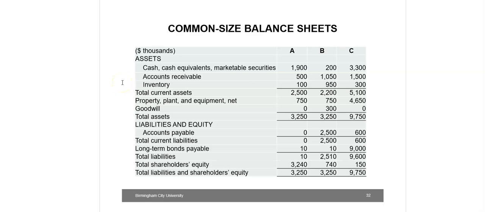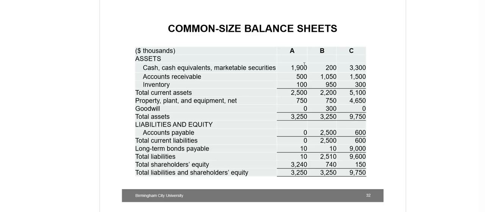As we noted for common size income statements, common size statements facilitate the comparison across time periods, which is called time series analysis, as well as across companies, which is known as cross-sectional analysis. This is because the standardization of each line removes the effect of size from the financial statements.